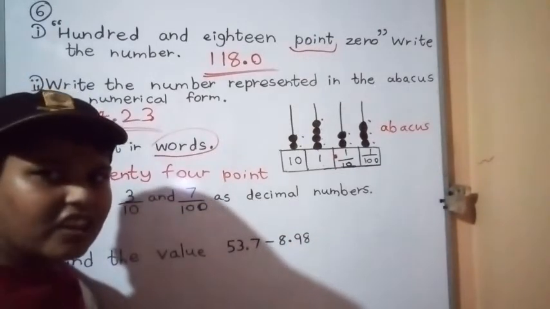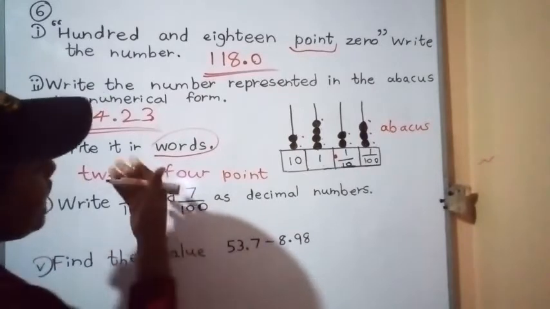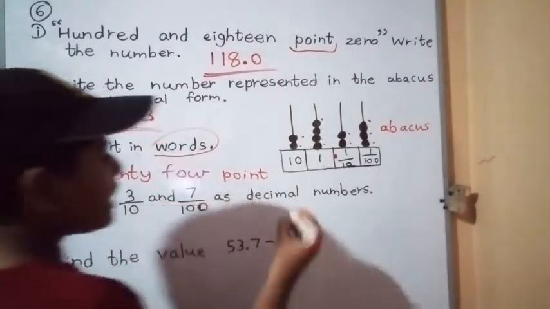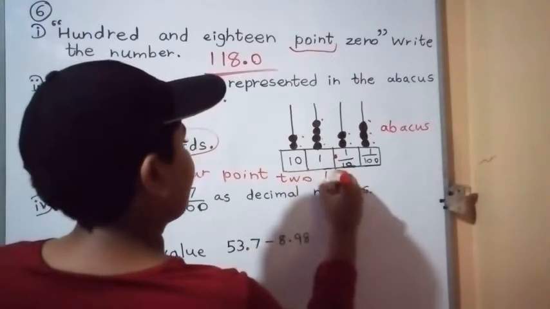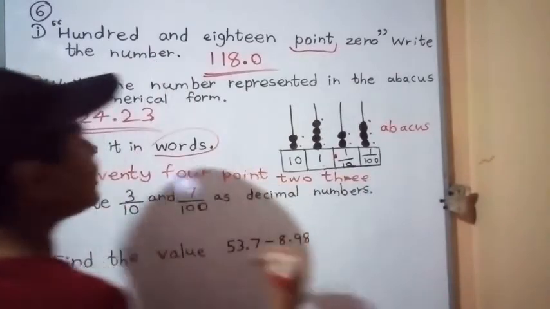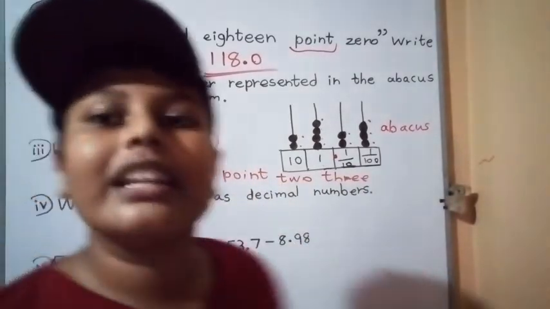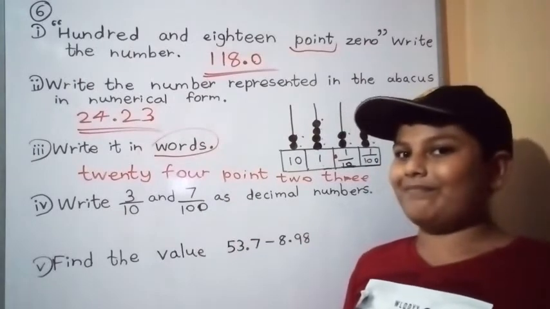Is it correct? We can't write it like that because they are point 1. We can't write it that way, we want to write it correctly. Right?